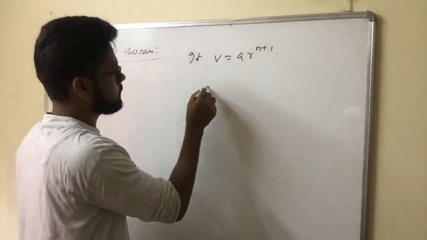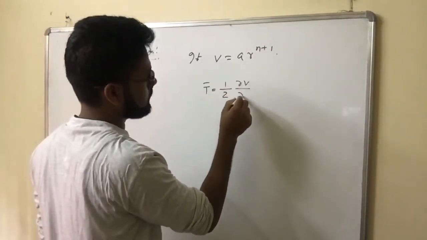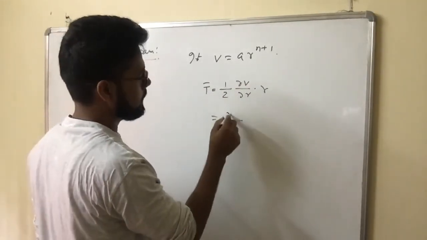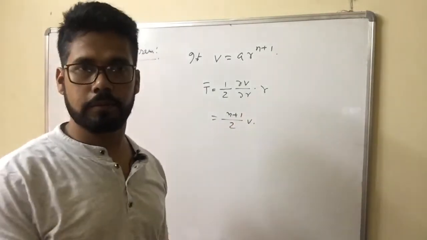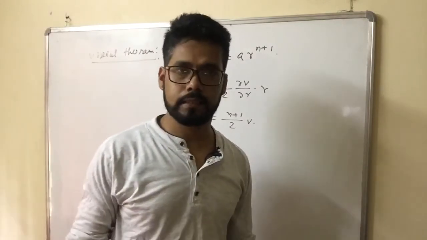Then you remember the formula: average kinetic energy is half dV by dr into R. If you take the differentiation, you will get n plus 1 by 2 times V. This is the formula. It's very easy. It comes in the GATE exam, and also in the NET exam.